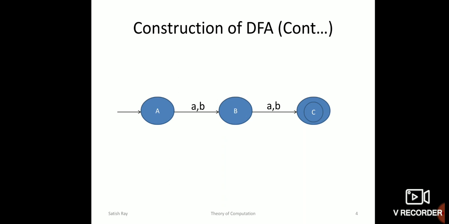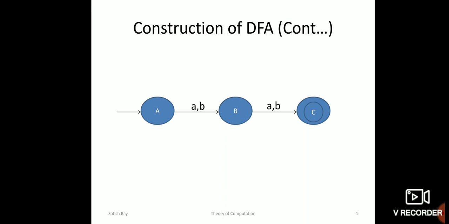Now we will check for the third one, that is BA. From initial state A, on input B, the next state will be B. From state B, on input small a, the next state will be C, and C is the final state. So our third string is accepted. Now we'll check for the fourth string, that is BB.